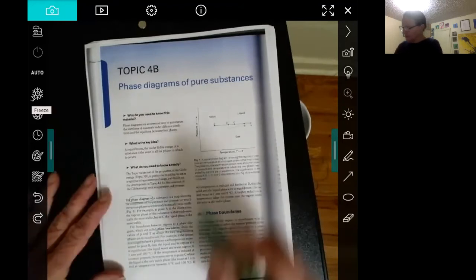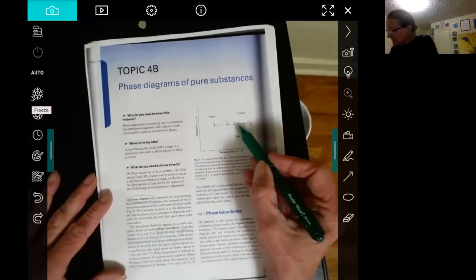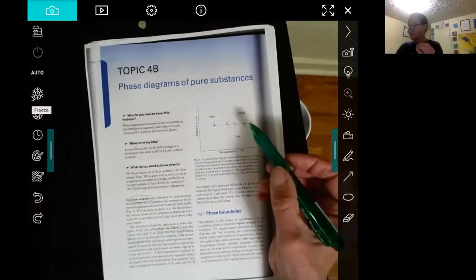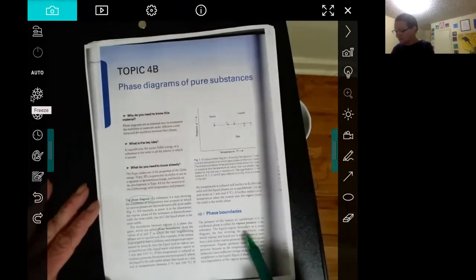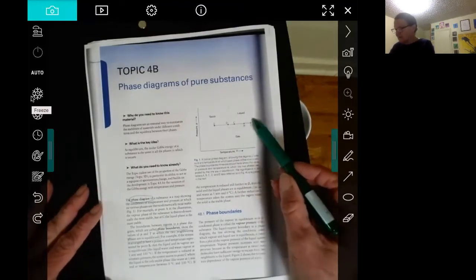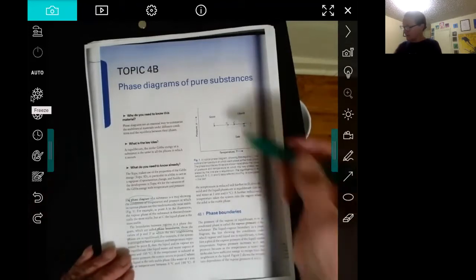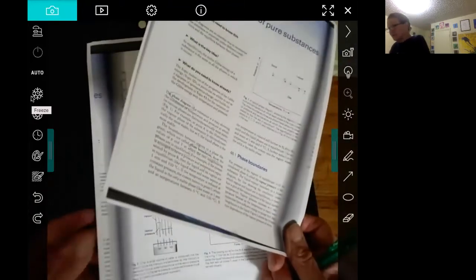So when you look at a point on this line where the liquid's in equilibrium with the gas, by definition, the vapor pressure is the pressure of a gas that's in equilibrium with a liquid in a closed container. And so essentially you're measuring the vapor pressure of that liquid on that phase boundary. Here it's not a vapor pressure, but it's still the equilibrium between a solid and a liquid.